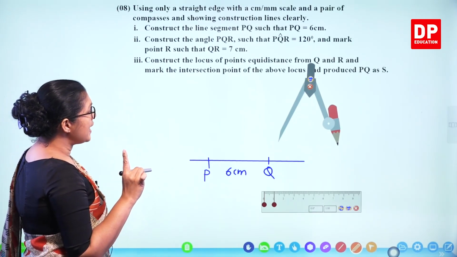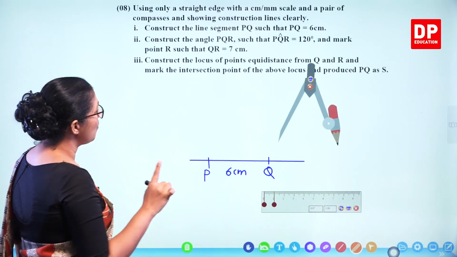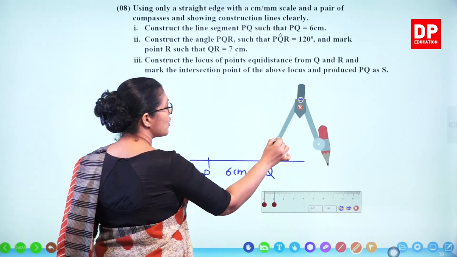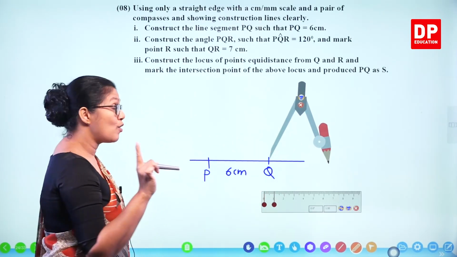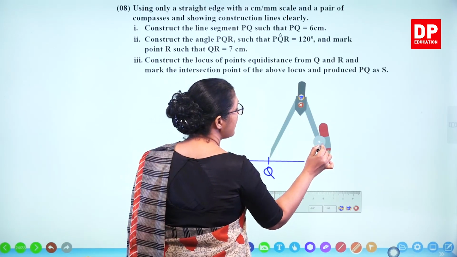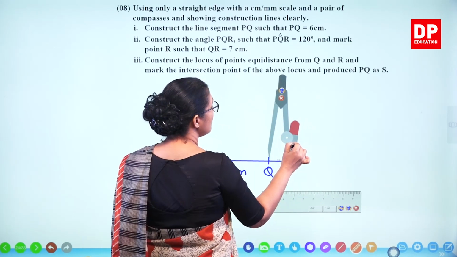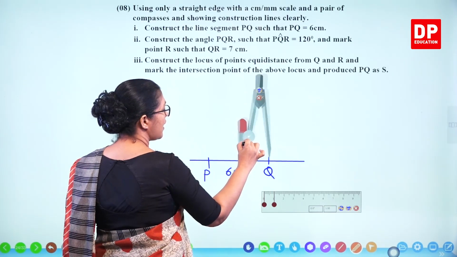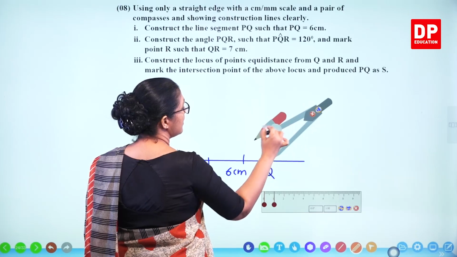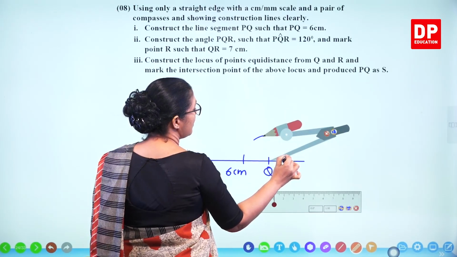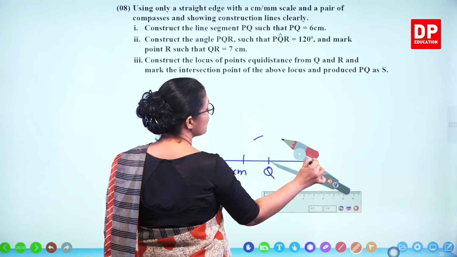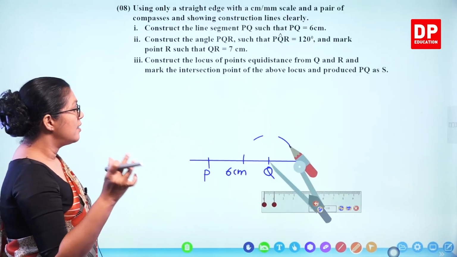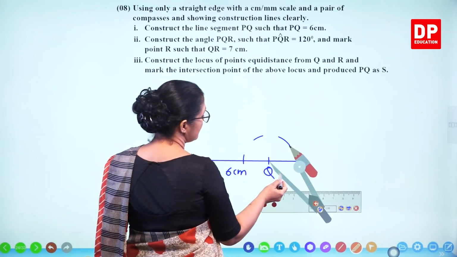Construct the angle PQR such that PQR is 120. So you can use the compass for that. So we use 60 and 60. We know how to construct 60-degree angle. You take a certain length. You can mark an arc here and here in the middle and also somewhere there because we need with same length 2 equilateral triangles.